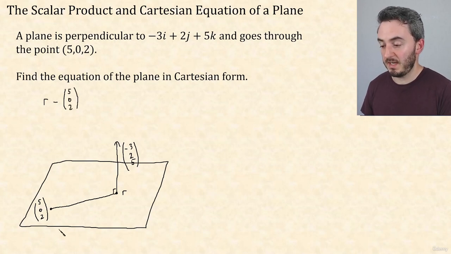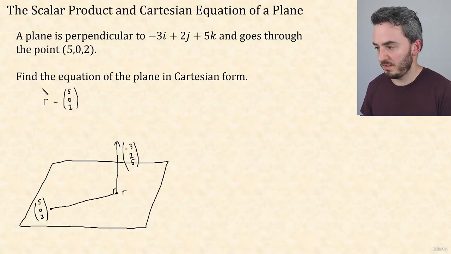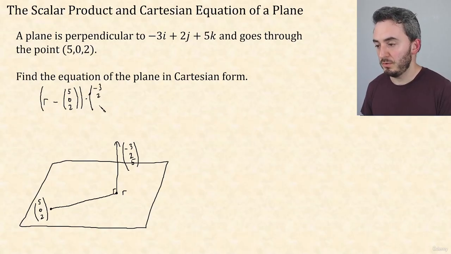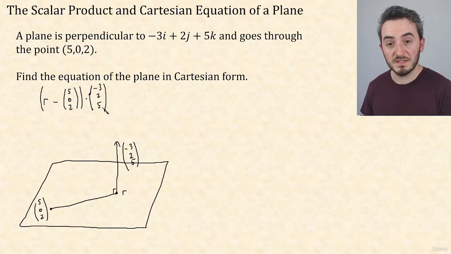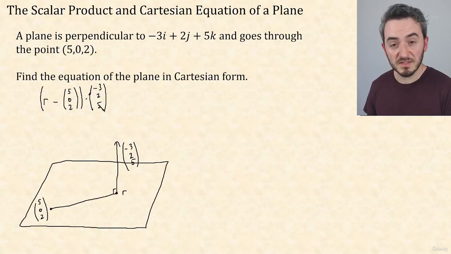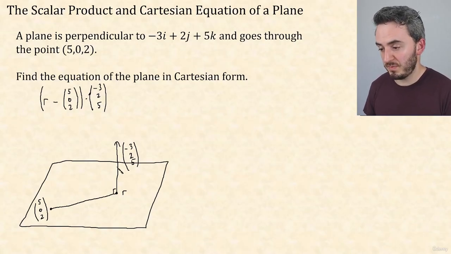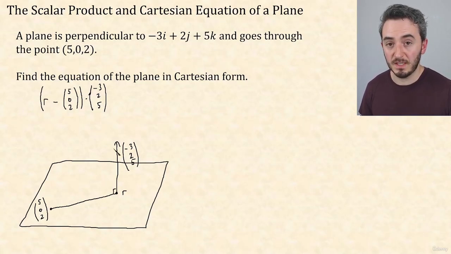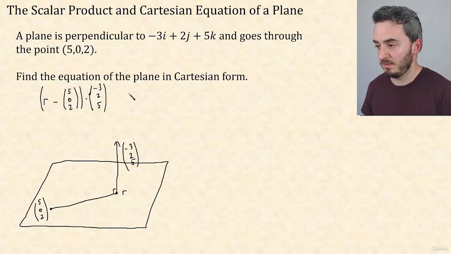That's the vector connecting two points. So what we know is if we dot this vector with -3, 2, 5, we must get 0. And we must get 0 because this vector is perpendicular to the plane and therefore perpendicular to any vector that lies on the plane. So let's set that equal to 0.